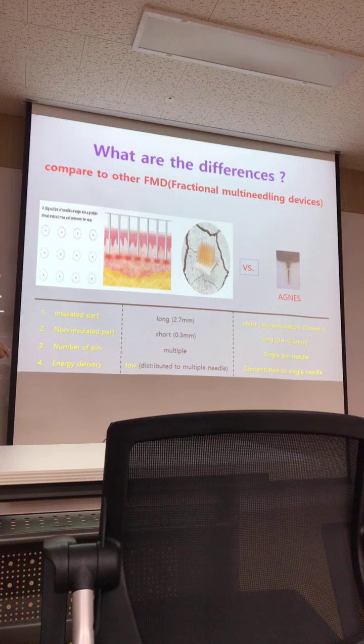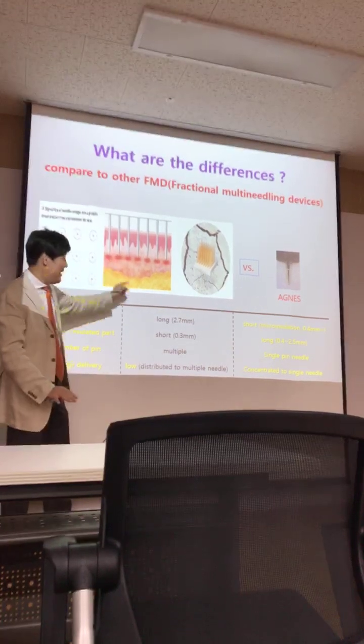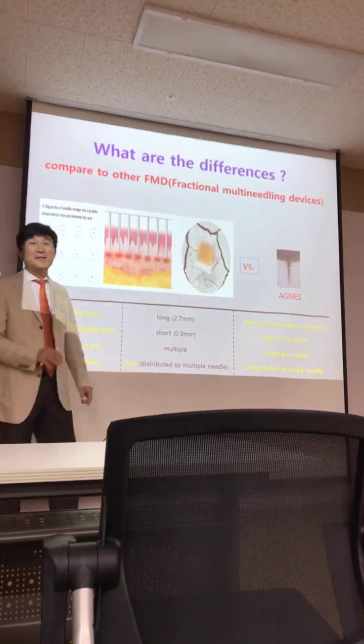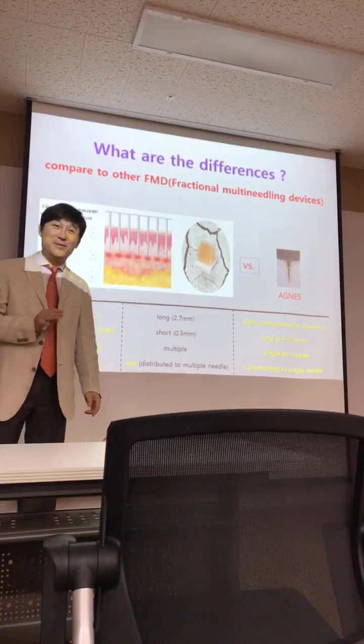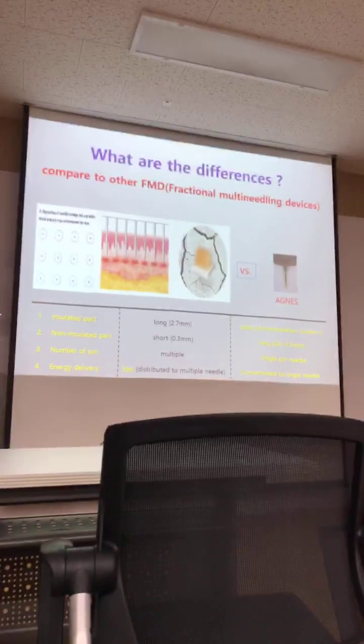But Agnes has a short insulated part and a long non-insulated part. So each single needle has low power and short non-insulated part. It is impossible to destroy the sebaceous gland selectively.